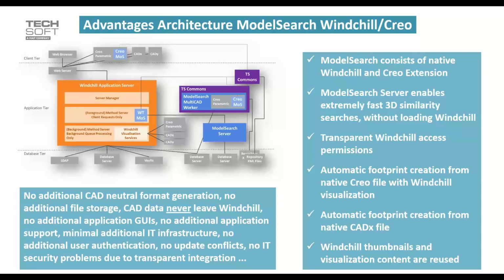We call it the ModelSearch MultiCAD worker, because with this version we can also generate the so-called footprint information from third-party applications, as mentioned Catia, Siemens NX, SolidWorks, Inventor, which is stored in the ModelSearch server. And whenever a Windchill user works with ModelSearch, he will find everything.